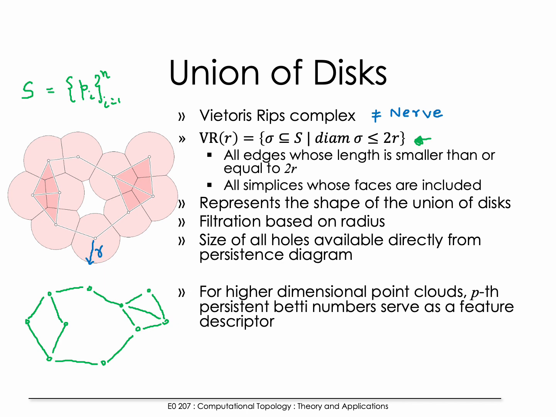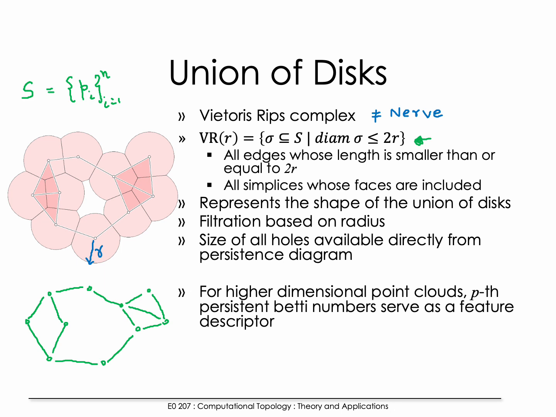It may not be a faithful reproduction of the figure on the top, but let's go with that. So here you have all the edges whose length is less than or equal to 2r. So these edges go into the Vietoris-Rips complex.